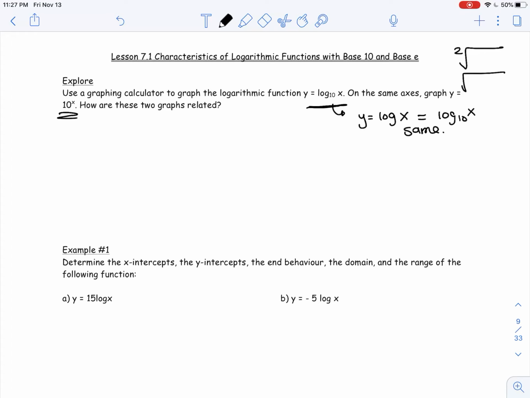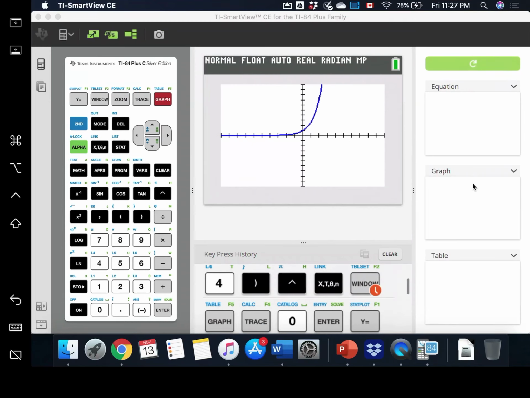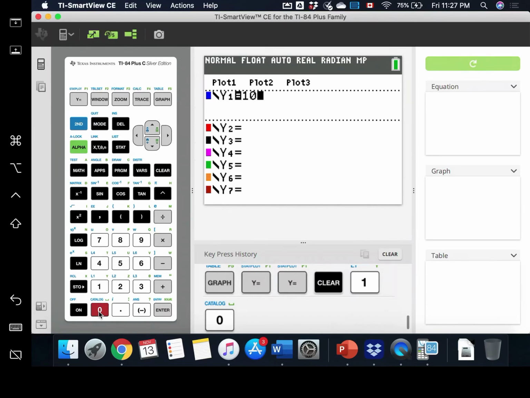Okay, so we're going to graph this. Go to your graphing calculators and I'll show you where this button is. First we're going to graph 10 to the power of x because that's the exponential. You can see on my screen what buttons I'm pressing, and that will help you a little bit.